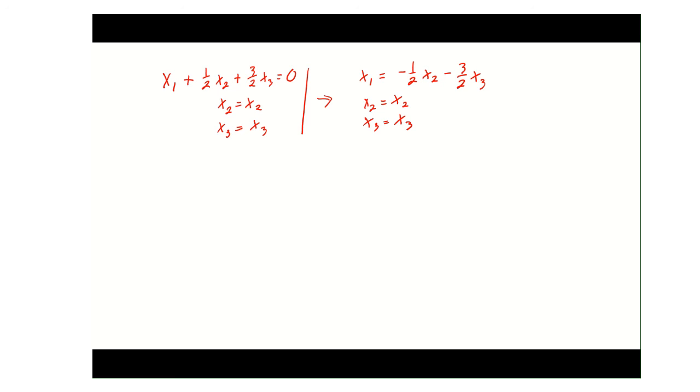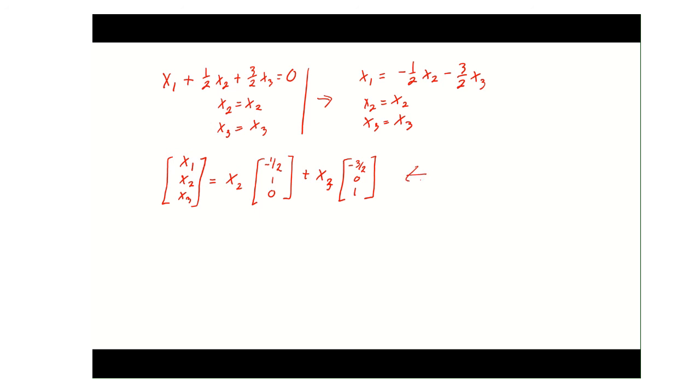So what is the space? This is the null space, so you take this and put it into vector form. x1, x2, and x3 is equal to, take all of your free variables, x2 times something. We have no constants again here, so we just have our free variables. Then put the equations in here: x2 times negative 1 half, 1, 0, plus x3 times negative 3 over 2, 0, 1.